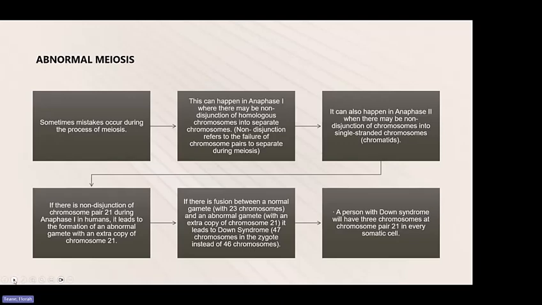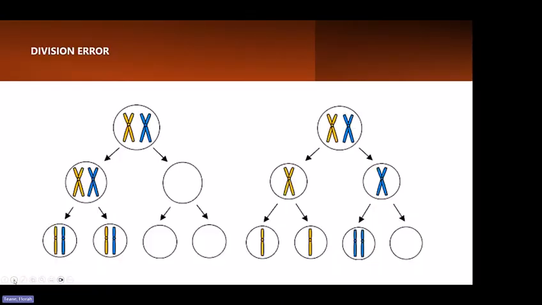Right? Let's see what I tried to explain here, the non-disjunction. Let's say this is meiosis happening, and this is a pair of chromosomes that must separate. A mutation, an error, happens, and they're not separated. They're not separated, and this is the end product. Another form of error, same applies here.